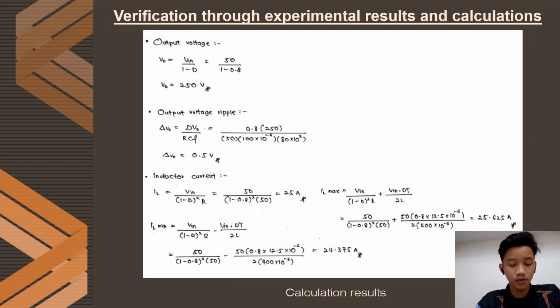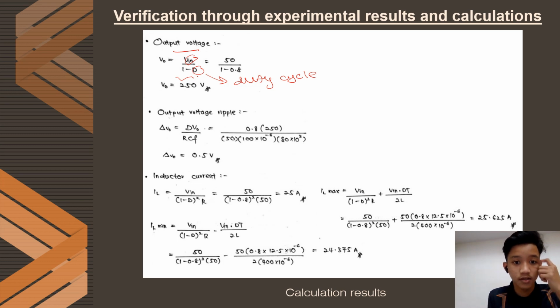Now we want to see the calculation part. For the output voltage, we get it from this equation, which is Vin divided by 1 minus D, where D is the duty cycle. With this duty cycle, the output voltage is 250 volts.